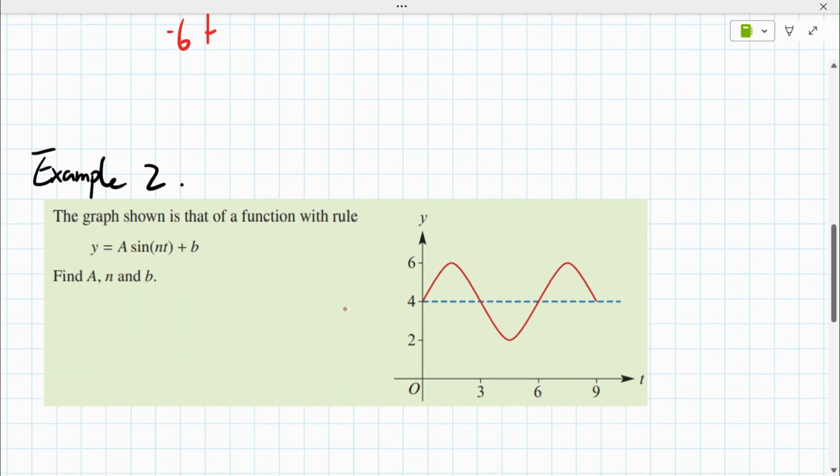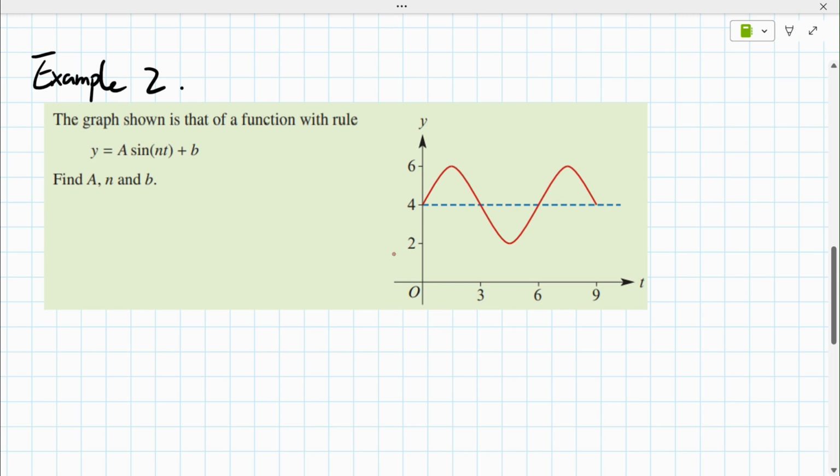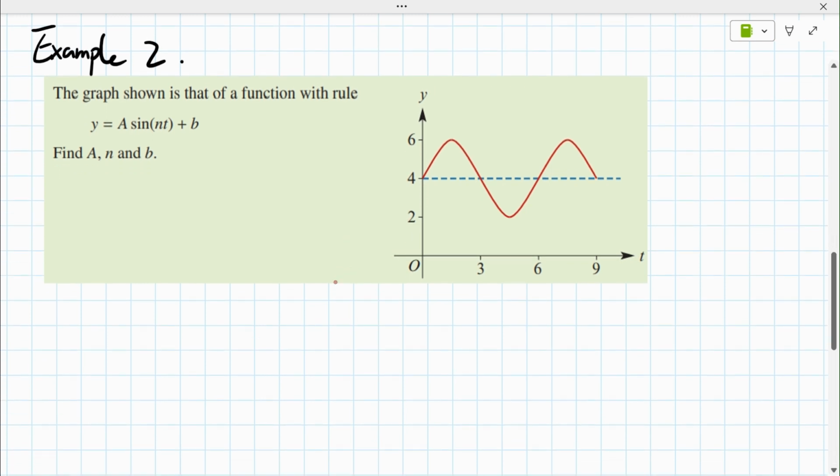Another one is sketching the graph as shown here, which goes between 4 and 6, and between 4 and 2. So we can say the amplitude A is going to be 2.